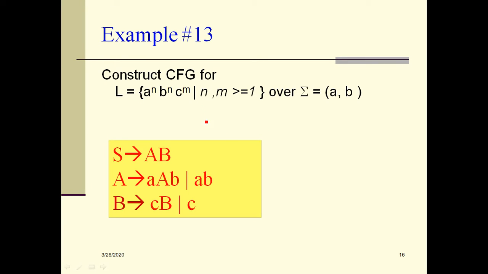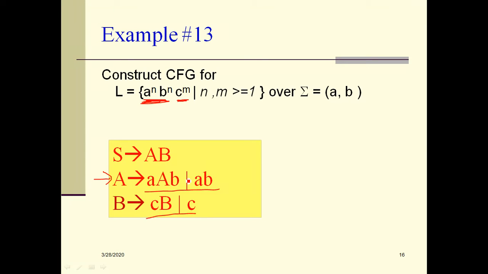Now consider this problem where the number of A and B must be equal, right? And C can be any number greater than or equal to 1. Again, we know how to generate A raised to power n, B raised to power n, so A generates an equal number of A and B. And then for C, one or more C's, we have this rule.